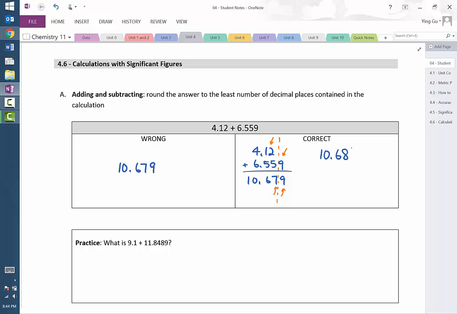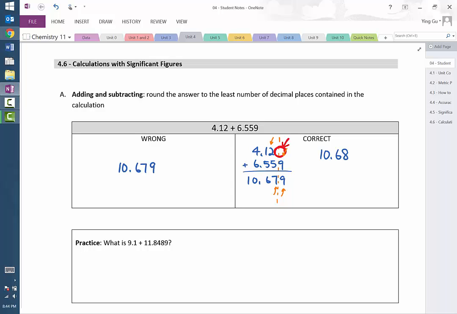The other way to think about this, to rationalize this idea, is that when we add 4.12 to 6.559, there's no value here. Okay? What is that value there? You might be tempted to say 0, but actually it isn't. Because in our ruler, we may not have had enough lines or increments on that scale for us to read if that was a 0 or not. It may have been a 5 for all you know, it could have been a 9 for all you know.